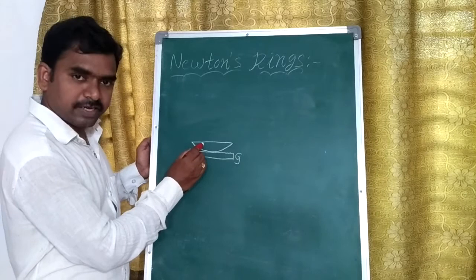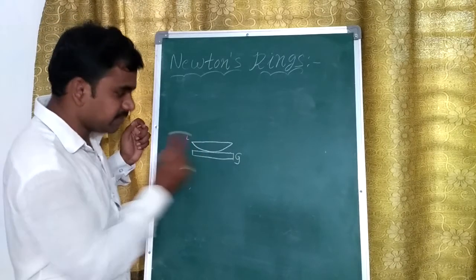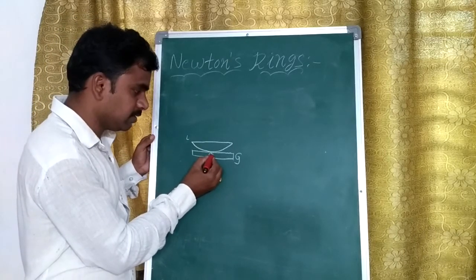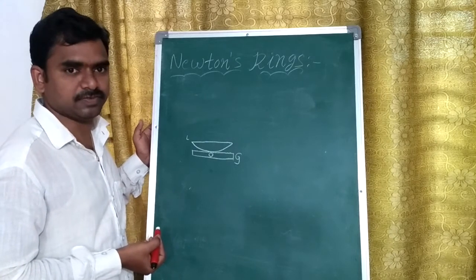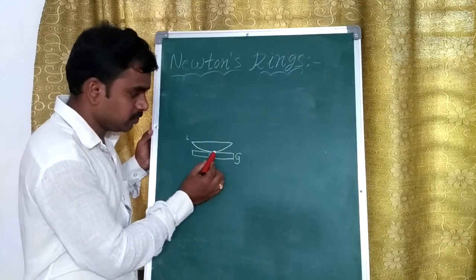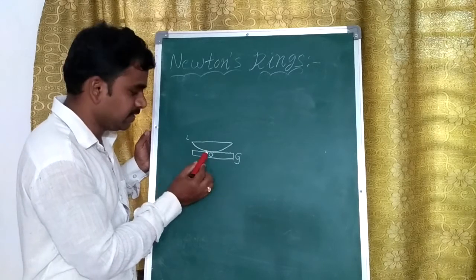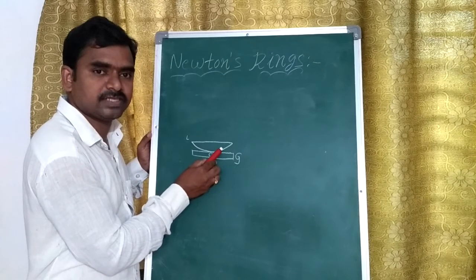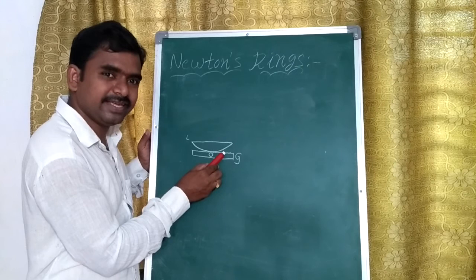Whenever I keep this plano convex lens on a plain glass plate, at the center both are in contact. There the thickness of the air is 0. From the center, if you go radially, the gap between the lower surface of the plano convex lens and the upper surface of the plain glass plate increases.